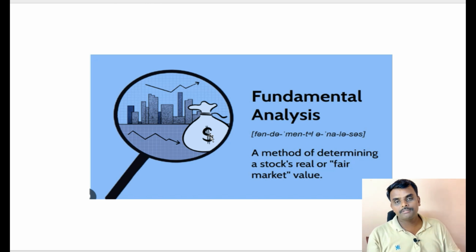There is a myth that only chartered accountants can become fundamental analysts. No, it is far from the truth. I am from a technical background. I have done my bachelor's in BCA, Bachelor of Computer Applications.